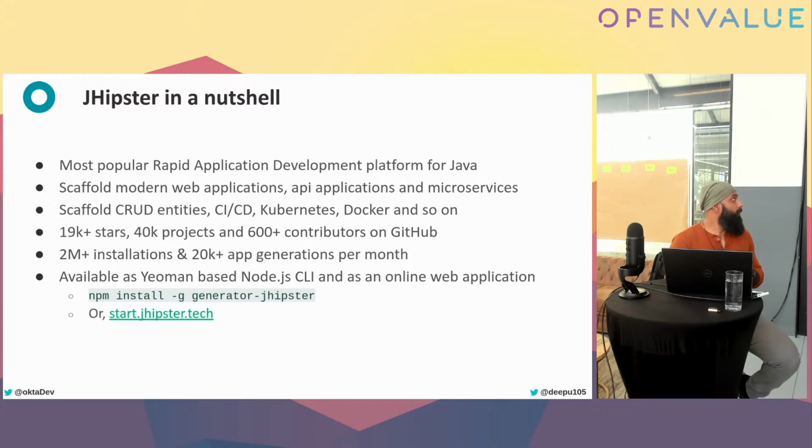It's one of the most popular rapid application development platforms in Java. So if you're in Java and if you don't know JHipster, you should check it out. So you can scaffold modern web applications. When we say modern web applications, we are not talking about JSF on the front end or all those stuff. We are talking about a full JavaScript stack on the front end and a Java stack on the back end, which are actually the modern web apps in the Java world.